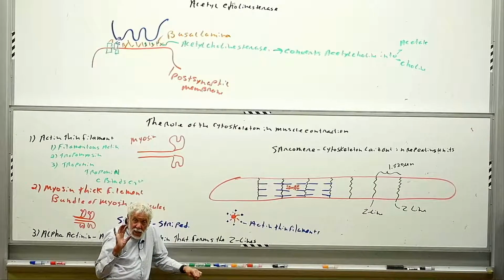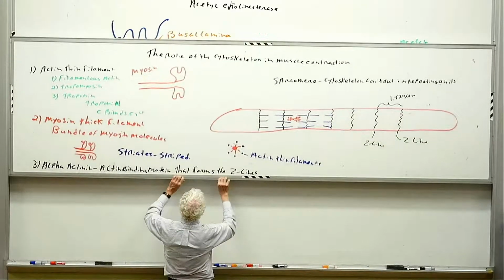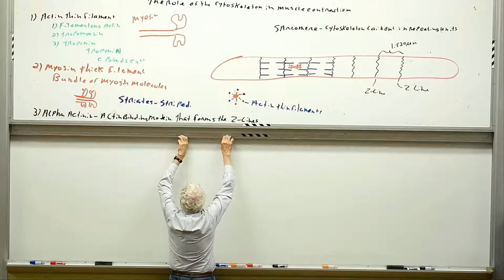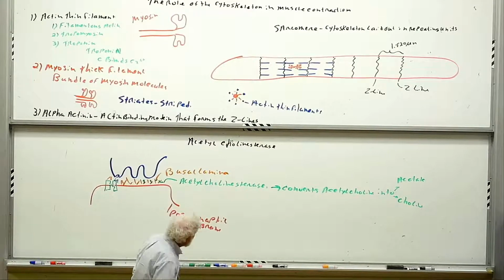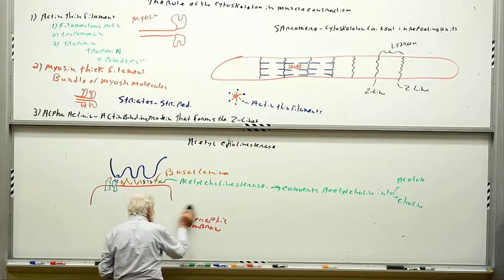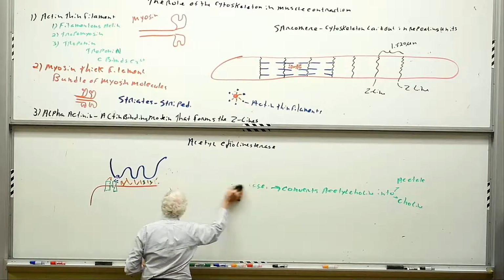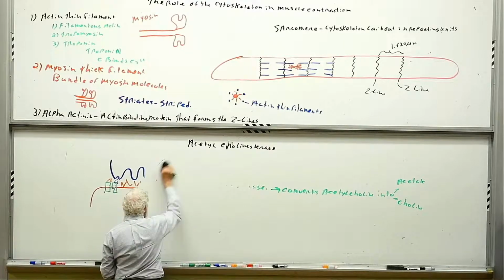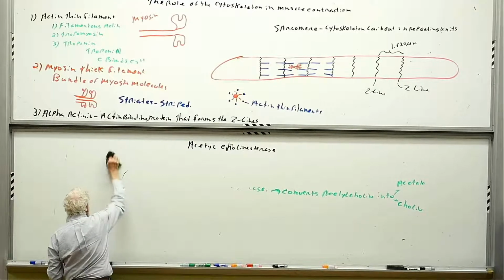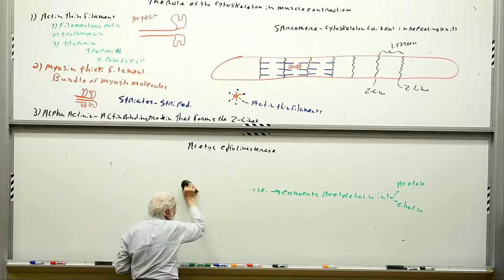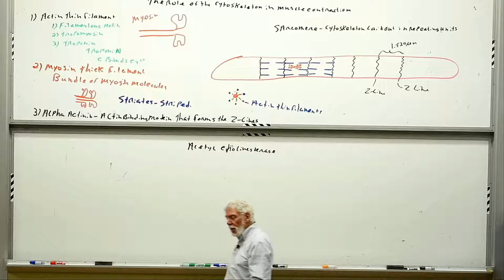Let's now look at the actin thin filament structure and see how it's organized. So what I'm going to do is go back to the upper panel and describe the structure of the actin thin filaments. Remember, we said the actin thin filaments contain 3 players. They contain the actin filament, they contain the tropomyosin, and they contain the troponin C, or the troponin complex.